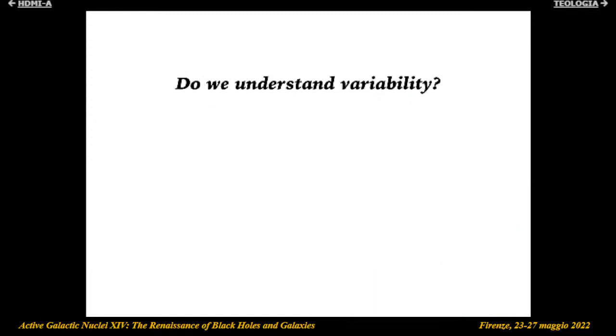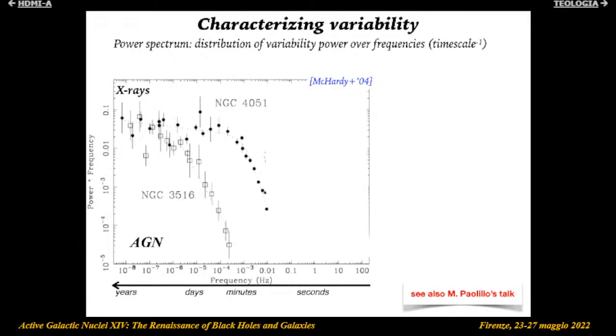So first of all, do we understand variability? Of course we don't. So the first thing we can do to try and build a model of variability is to characterize it. Now, the most used way to characterize variability is by building a power spectrum.